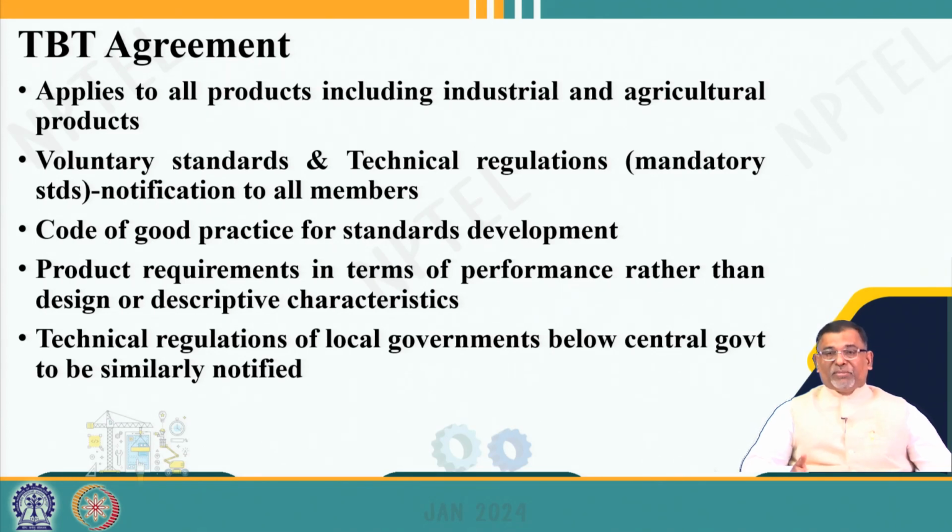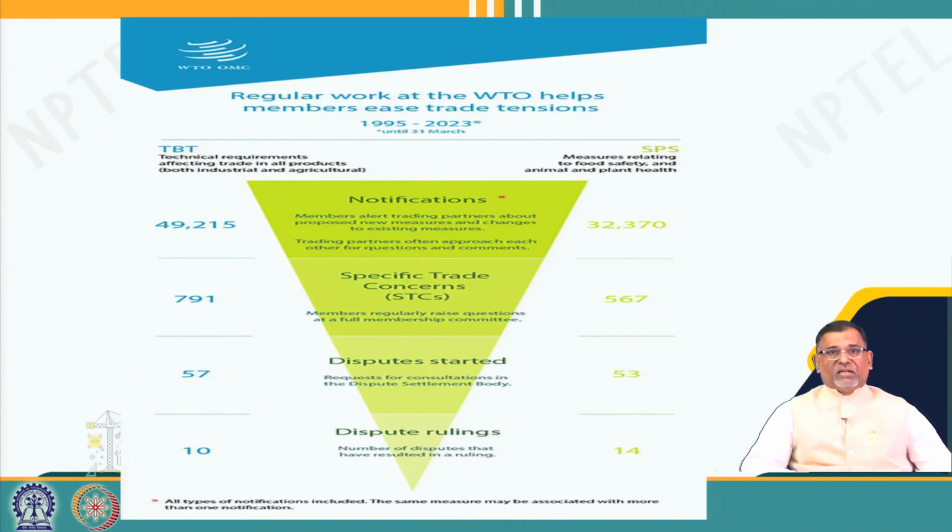Also the technical committee forms good practices, product requirements, performance requirements, and in order to prevent deception, design and descriptive characteristics can also be prescribed. All the central governments and the subsidiary or local governments should notify these technical barriers, so it is applicable to the whole territory.